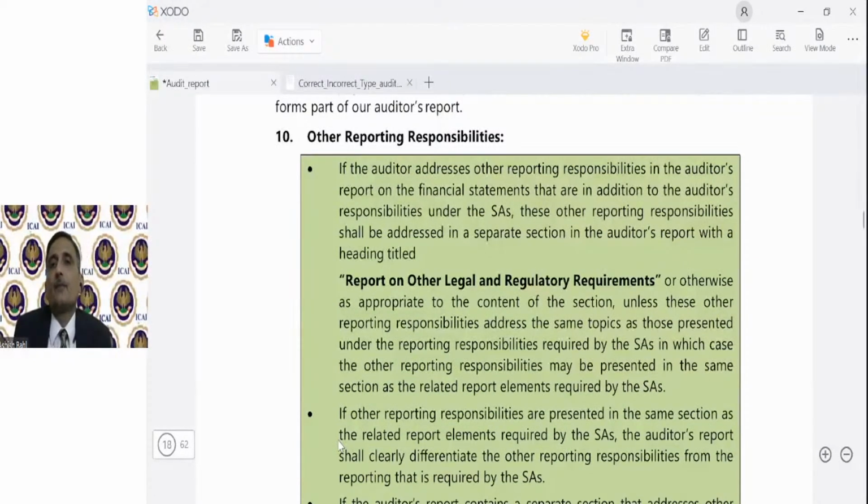Like, if you include every item in the balance sheet on the face of the balance sheet, then the balance sheet would become very unwieldy. It would contain so many things. That is why there is grouping in the balance sheet. On the first page, there are main heads, broad heads, and the breakup is in the notes, in the schedules. So that way you can understand the meaning of appendix.